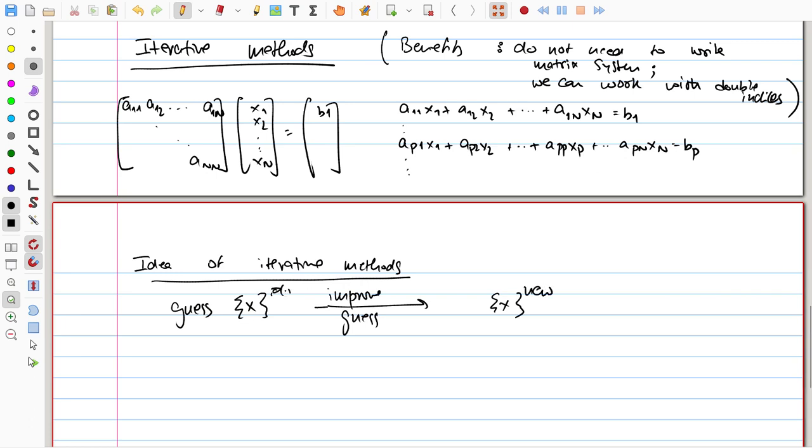Okay. So, you start with old values, and then you get a new set of values through some sort of an idea that using these equations you will be able to improve upon the values of x. It may not be the correct one. It may not be the one which actually satisfies this whole linear system, but we improve it, and then you check.